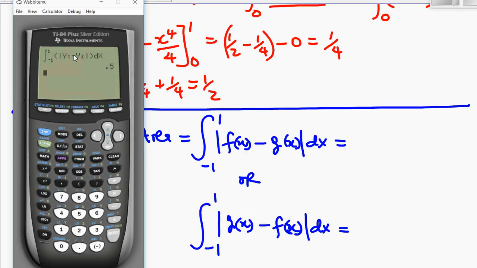Let's try and change the order here, see if we'll end up with the same thing. Actually, I don't have to do it again.